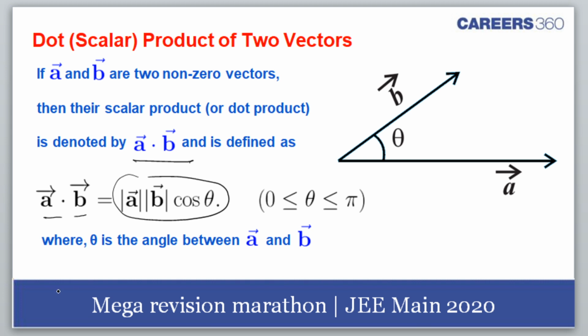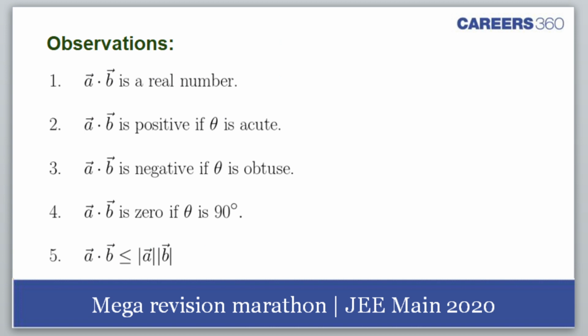Now let us come to its understanding. A dot B is a real number. A dot B is positive if theta is acute, and so on. This is easy to understand. A dot B would always be less than or equal to mod A mod B, obviously, because A dot B contains cos theta as well, which is a trigonometric ratio lying between -1 and 1.